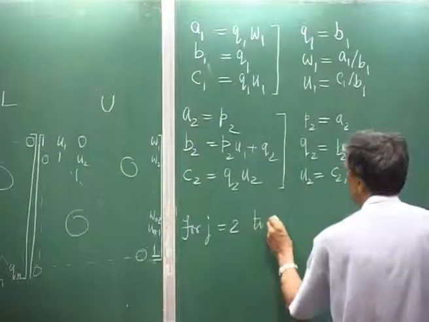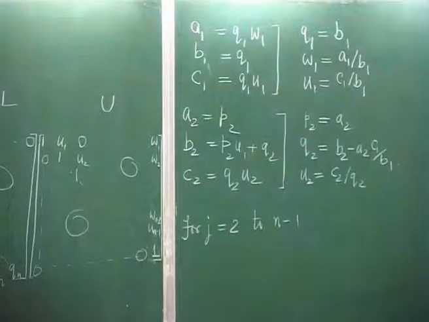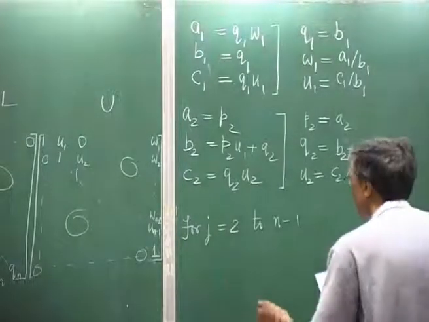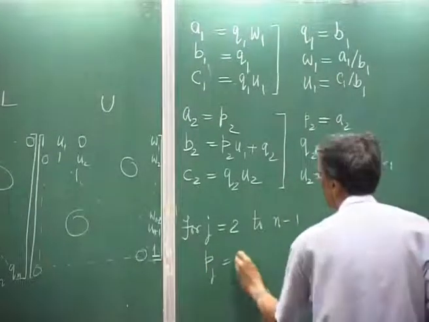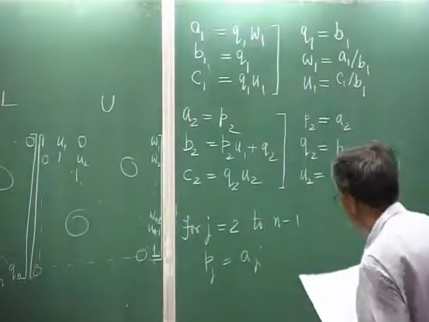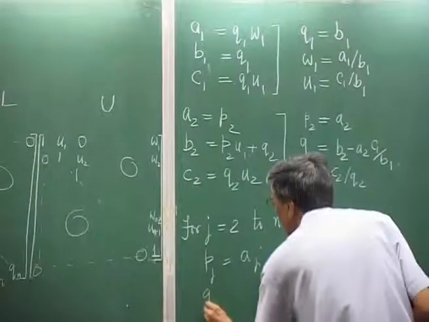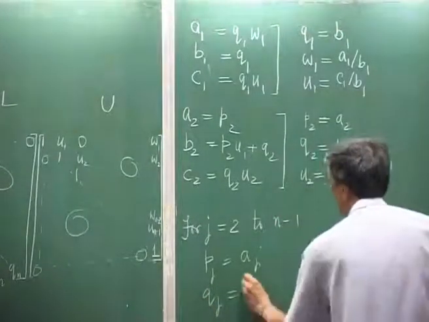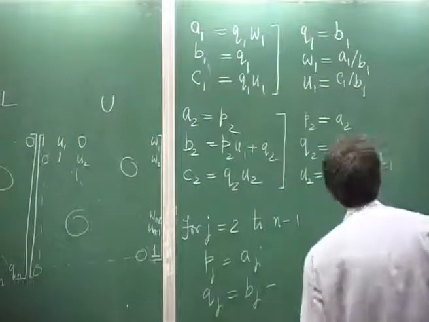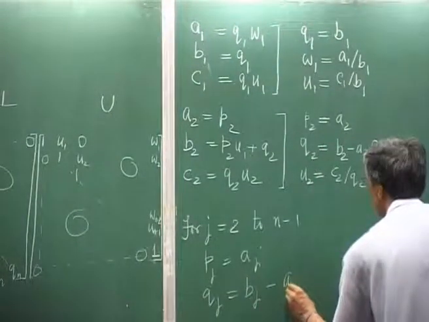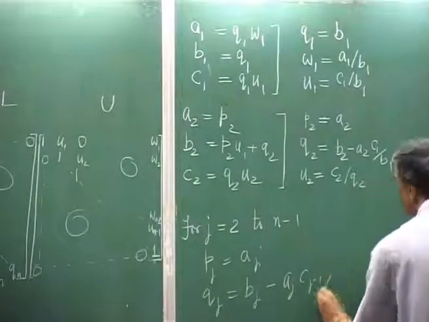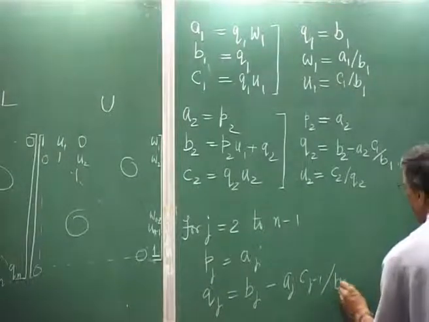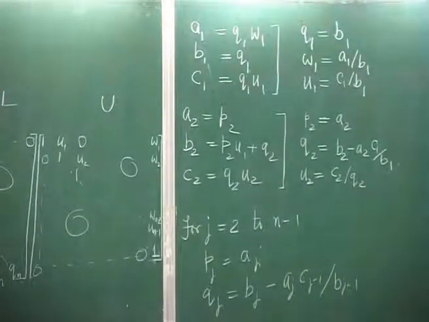So, I would do this recursion whatever I derive here for j equal to 2 to n minus 1, and that would give us this relation that we have written P j equal to A j, right, and from here we write Q j equal to B j minus A j C j minus 1 by B j minus 1, right.